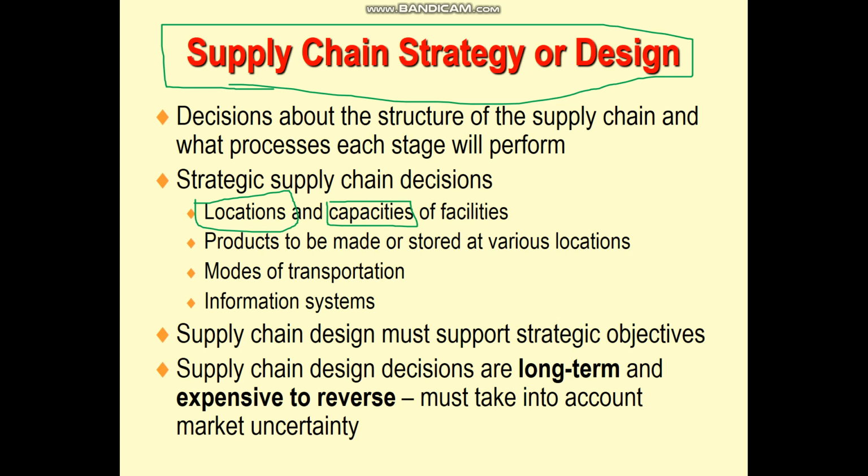Also, we decide if we should outsource our products or produce in-house, and we also decide what kind of transportation we should use to deliver the products and how to design the information system. Supply chain design decisions are long term and expensive to reverse, so we must take into account market uncertainty.